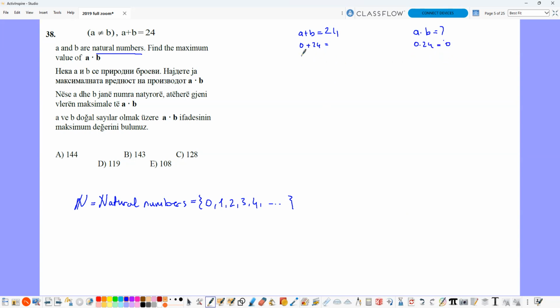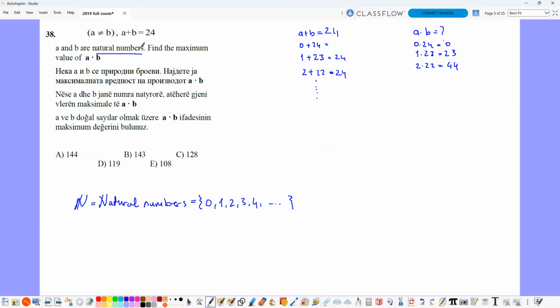And here 1 plus 23, the sum is 24, but 1 times 23 is not the greatest value because it is 23. 2 plus 22 is also the same here: 2 plus 22 is 24, and 2 times 22 is equal to 44. Still, it is not the greatest value because the greatest values are greater than 100. So I'm going to continue like this, but I did these operations in my mind.